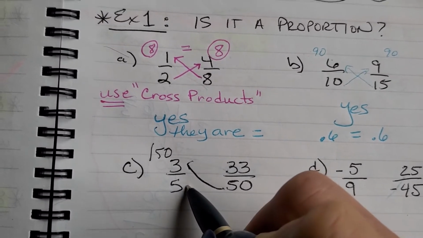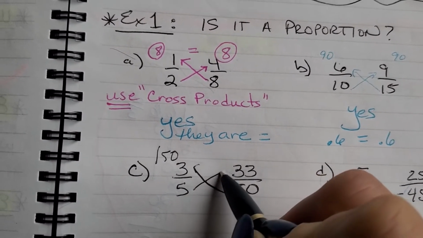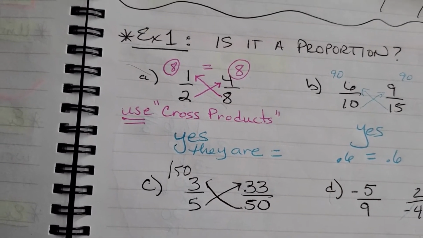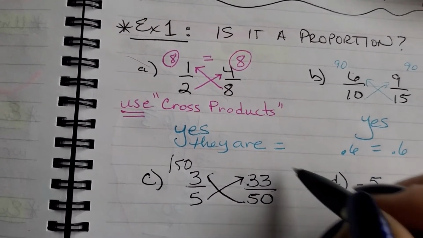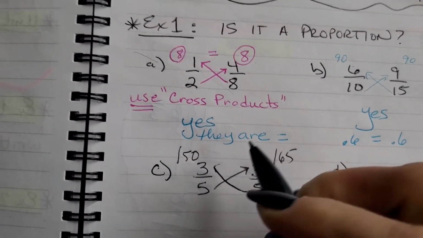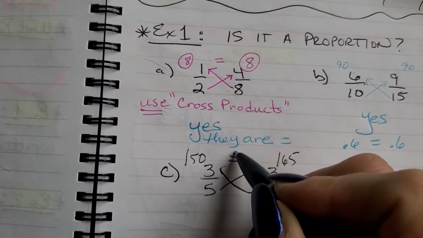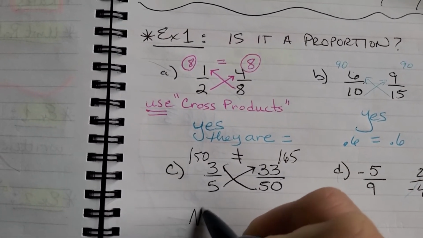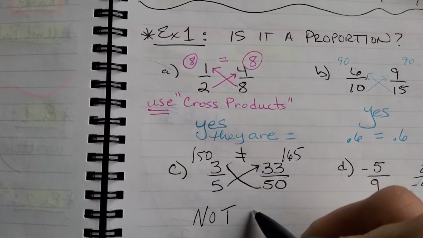Then we're going to cross multiply the other direction. 5 times 33 is 165. Now, are these the same? No. They are not equal. Therefore, these are not proportions.